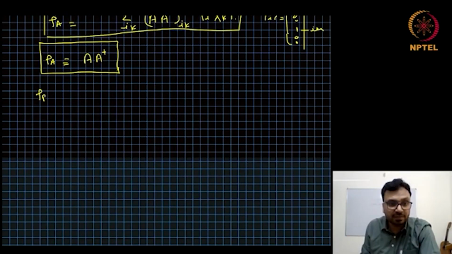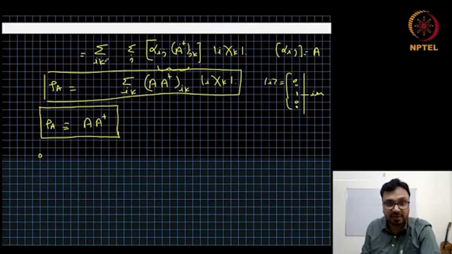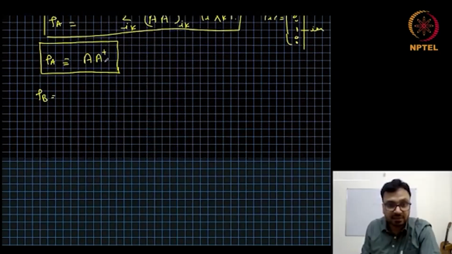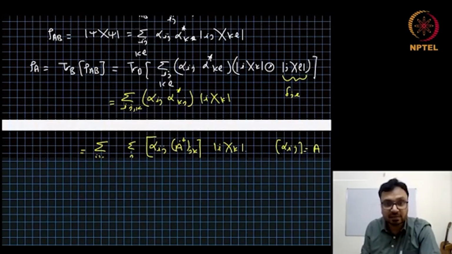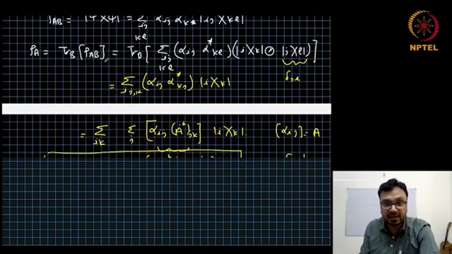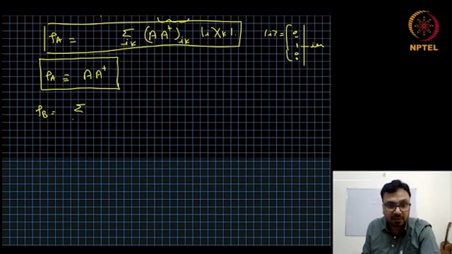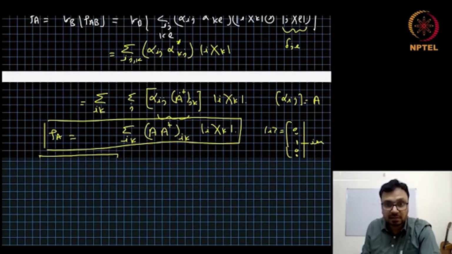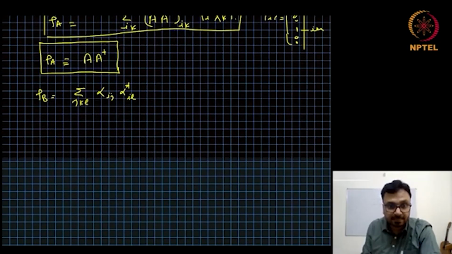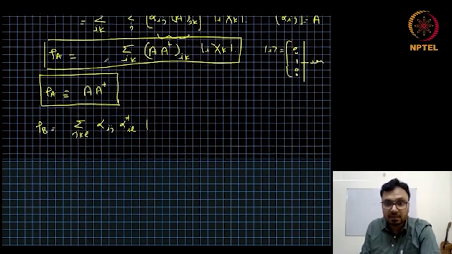Similarly, we can find rho B. Again, we take the trace over subsystem A, and we get the sum over i, j, k, l of alpha_ij alpha star_il, for the element JL.